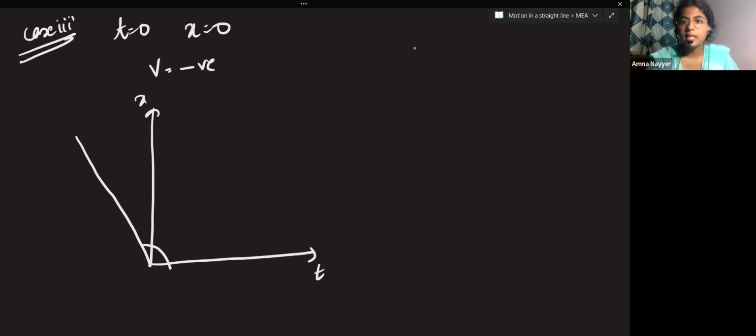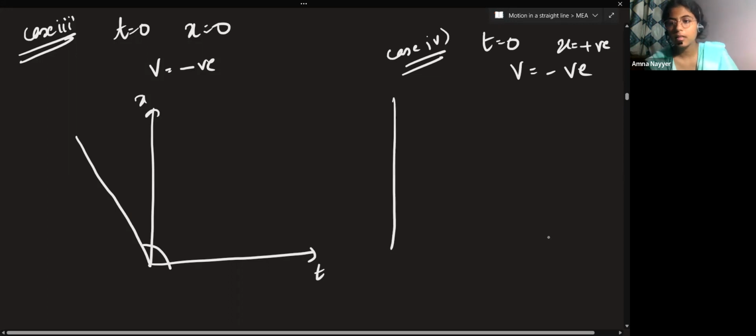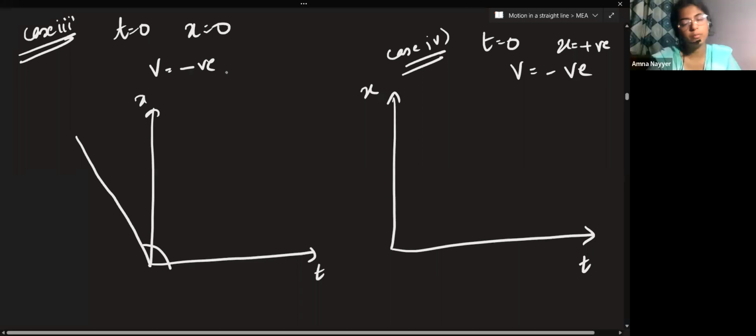Here, let's take one more case. Let's say t is 0, x is some positive value, and velocity is negative this time. Fatima, can you tell me, will the graph start from origin? No. Definitely the graph will not start from origin.